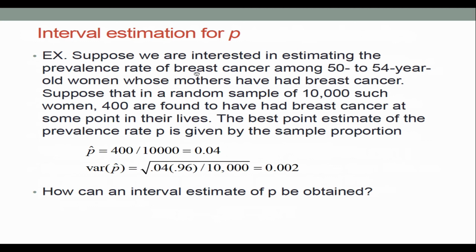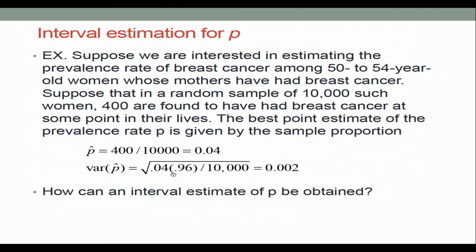For this new example, we are talking about breast cancer here. So if we draw a sample of 10,000, among which 400 women are found to have breast cancer, we first get the point estimate. Using this 400 divided by 10,000 gets you the sample proportion. We use this one to estimate the population proportion.